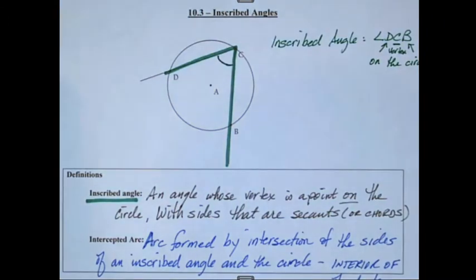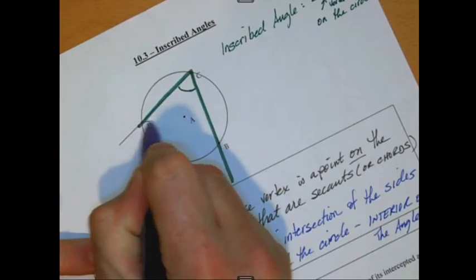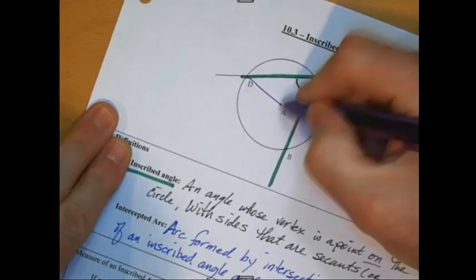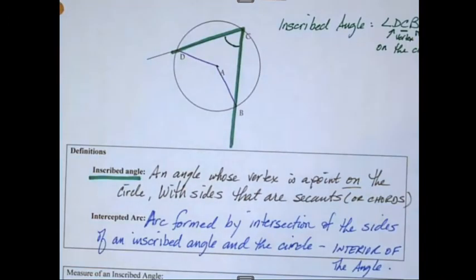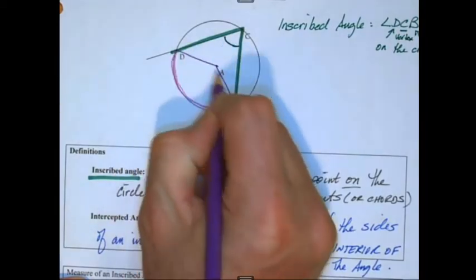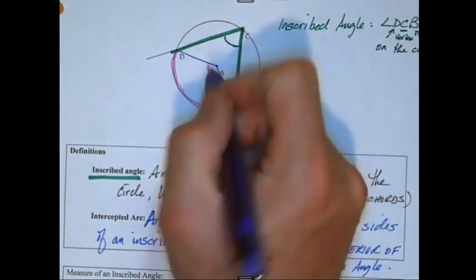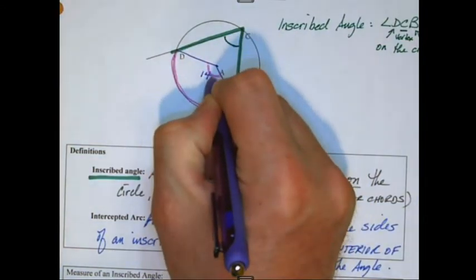Well, how are we going to find the measure of that angle? What we're going to do is look at the central angle, which is DAB. We have a circle here, and we know that this arc right here is going to be the same measurement as this angle. Let's say it is 140 degrees.